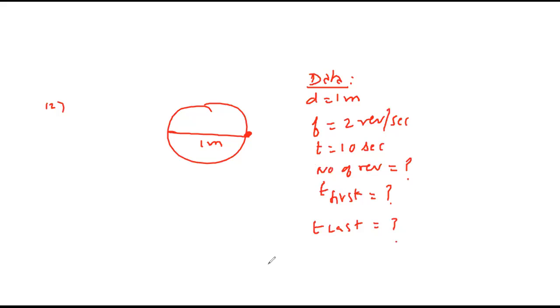An ant is stuck to the rim while the cycle is on stand. The wheel is set into rotation and attains a frequency of 2 revolutions per second in 10 seconds with uniform angular acceleration. Find the number of revolutions completed by the ant in these 10 seconds.